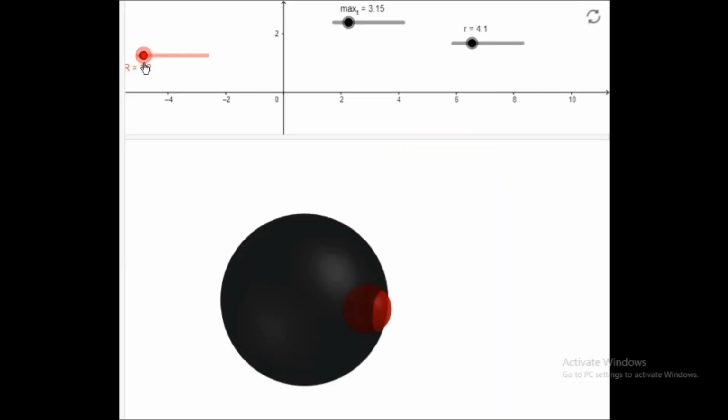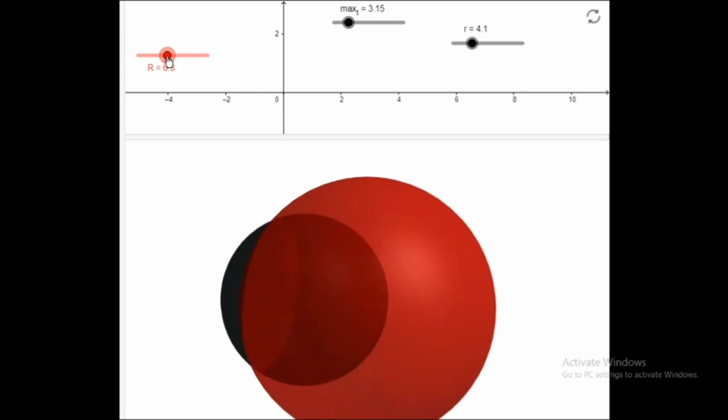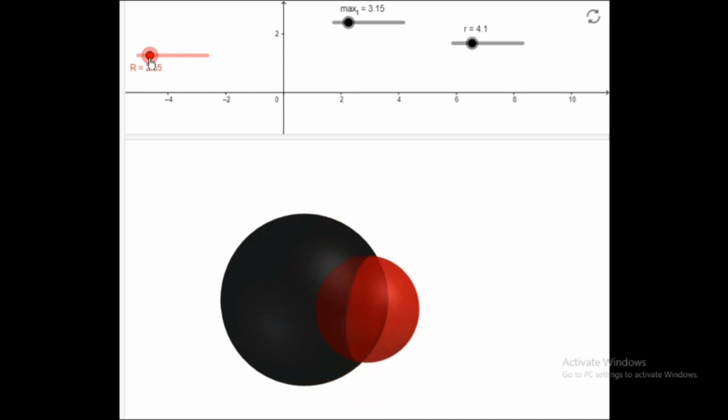Note that a patch in S2 is the intersection of the unit sphere S2 and an open ball in R3. These are the patches in S2.